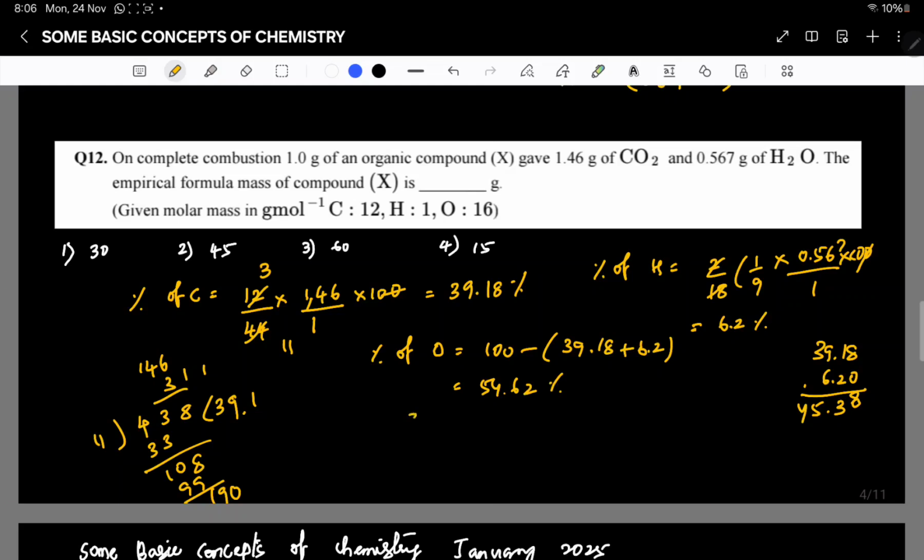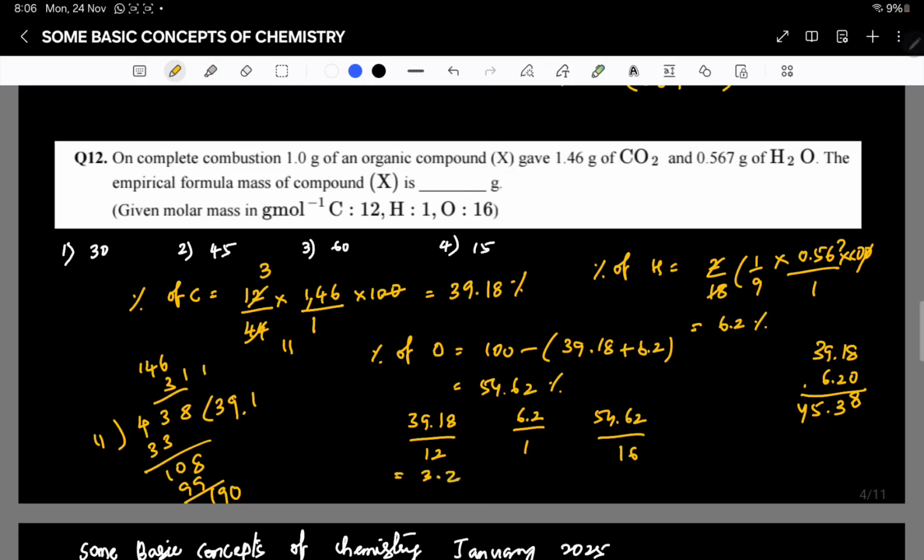Right. So now this will be 39 divided by 12. Hydrogen will be 6.2 by 1 and oxygen will be 54.62 by 16. Right. So during the simplification student, we will get approximate values here.